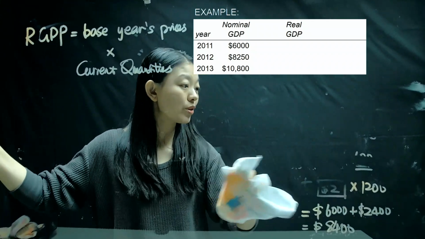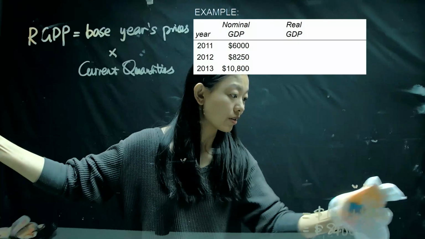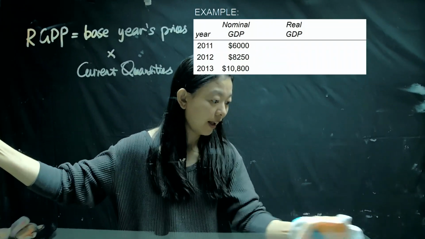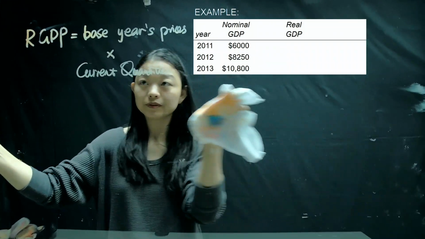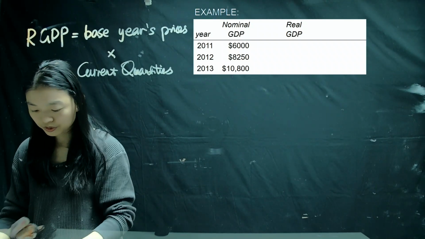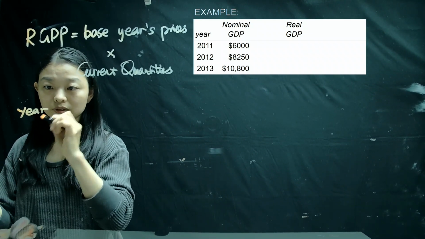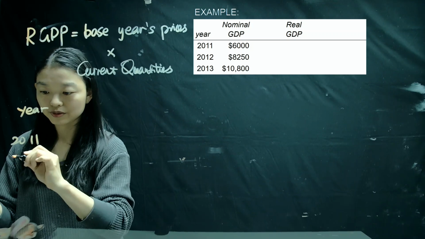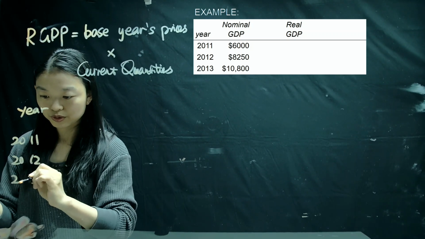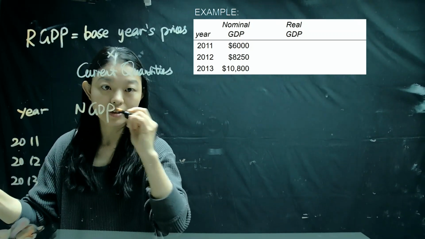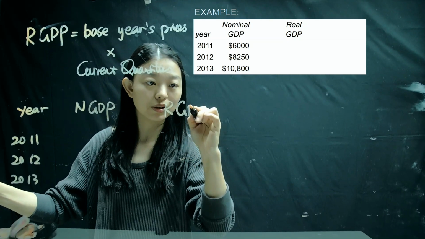In this table, you can notice it still gives you different years, from 2011 to 2013. So for the year, we have 2011, 2012, 2013. We have the nominal GDP, and then we also compute a real GDP.